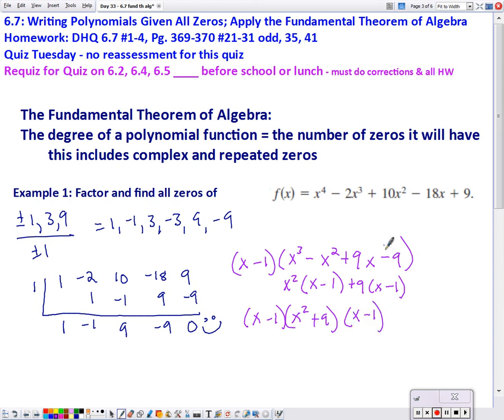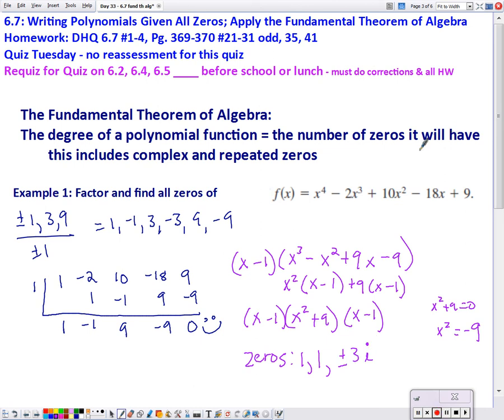That means it's a repeating zero. So our zeros here, I'm going to write it twice because I want to be clear that I found it twice, are going to be 1, 1, and then if I solve x squared plus 9 equals 0, obviously I would get x squared equals -9, which gives me plus and minus 3i.